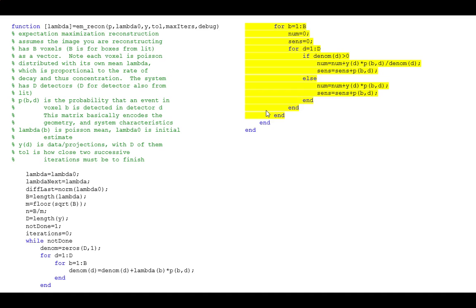Lambda is what you think is there, right? And p is basically, if something is there, can you actually find it? How sensitive are you to it? It's the likelihood that an event gets generated, and that if it gets generated, that your detector pair actually can detect it.